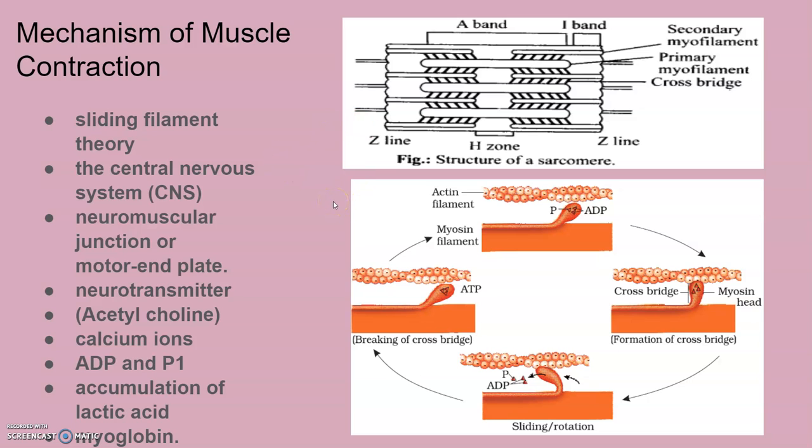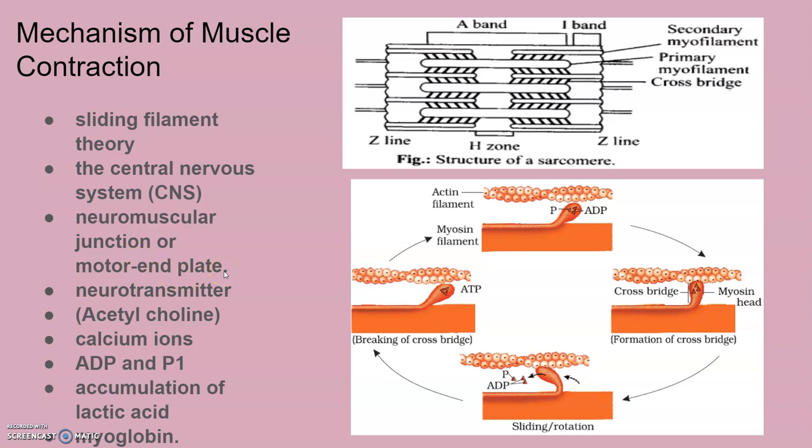Muscle contraction is initiated by a signal sent by the central nervous system. First, a signal comes from the central nervous system through a motor neuron, and the motor neuron along with the muscle fibers connected to it constitute a motor unit. The junction between a motor neuron and the sarcolemma of the muscle fiber is called the neuromuscular junction or the motor end plate.